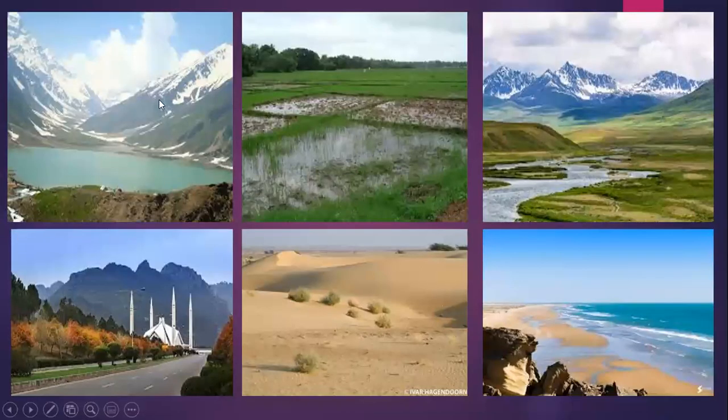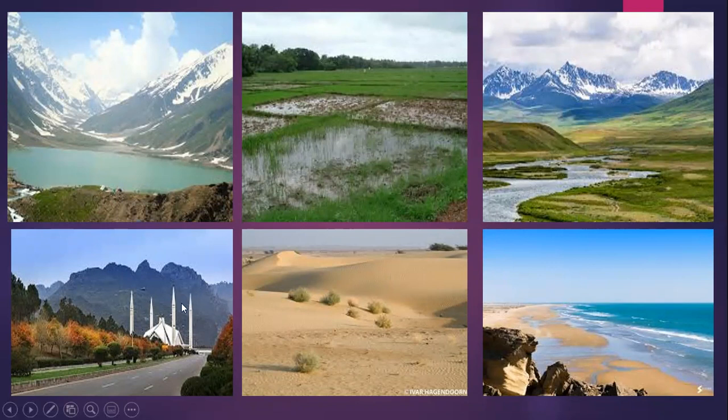This is the northern areas pictures where there are high mountains covered with snow like this. Then when we come to the southern areas, we have flat lands like this where crops can be grown. From the higher mountains, the Indus River comes and gives water to our crops like this.